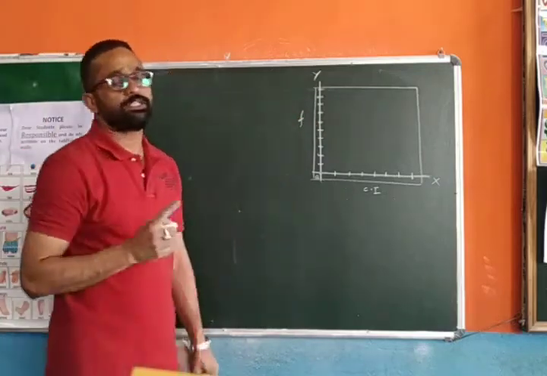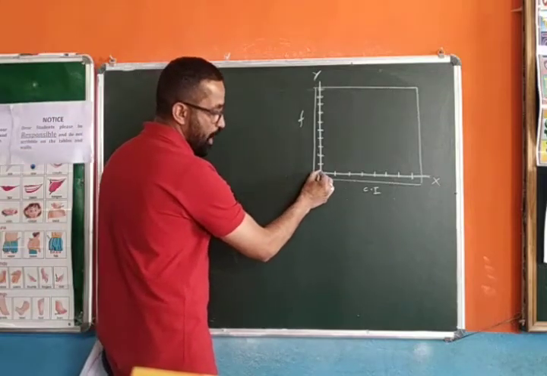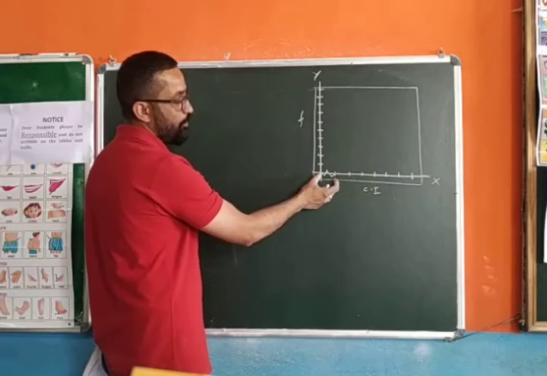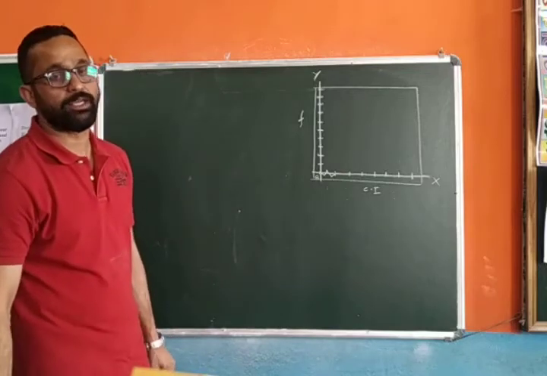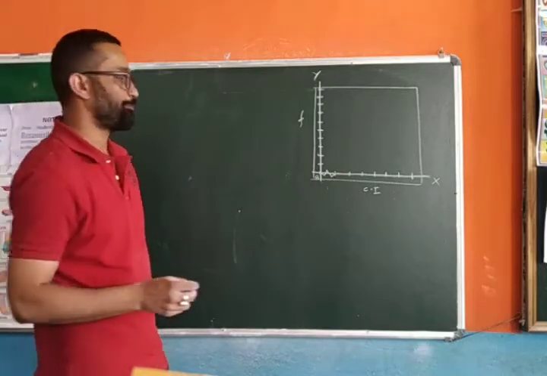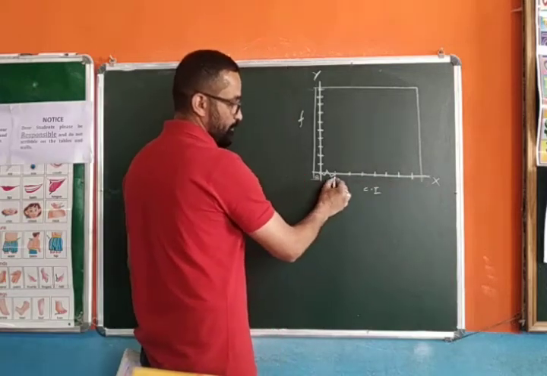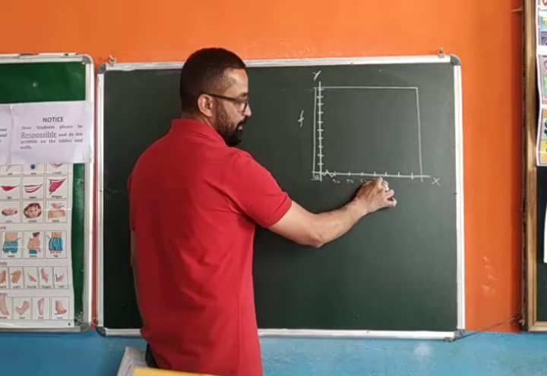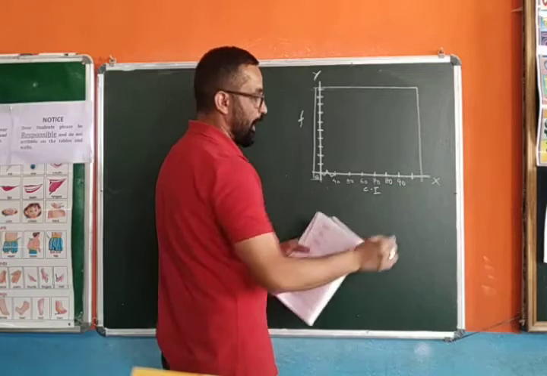Since the class interval is not starting from 0, so you need to mark kink here. This broken line between origin and the first marking is known as kink, K-I-N-K. Then you start marking the scale here. 40, 50, 60, 70, 80, 90 and 100.